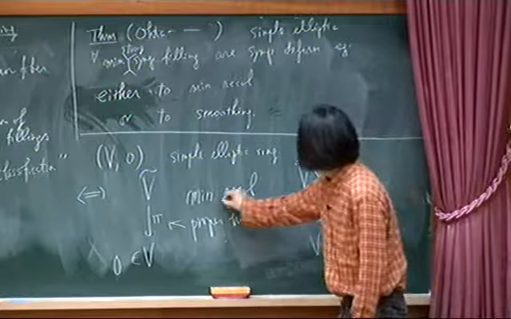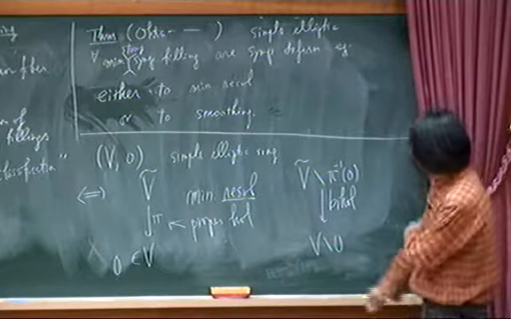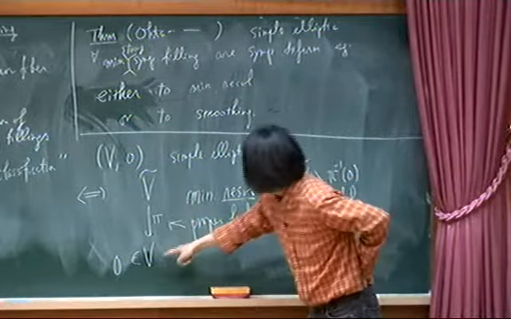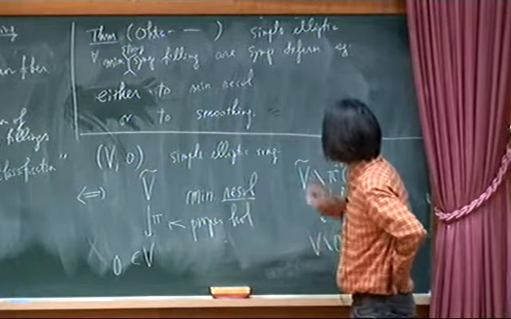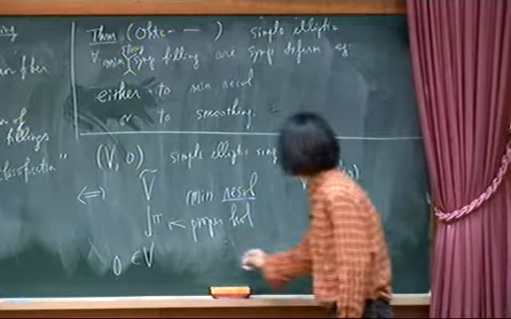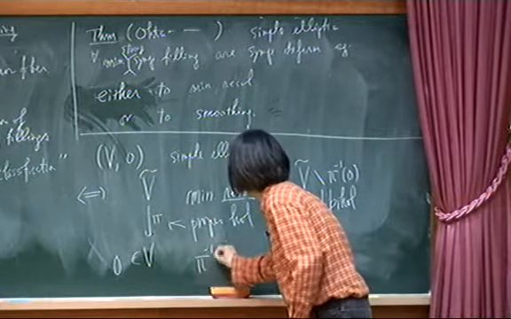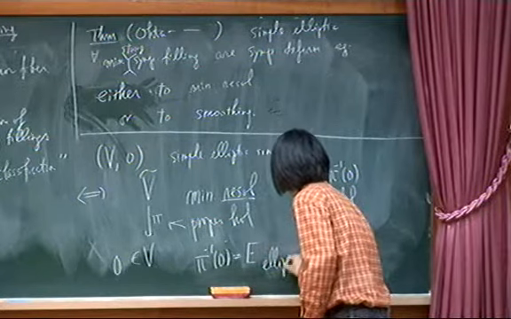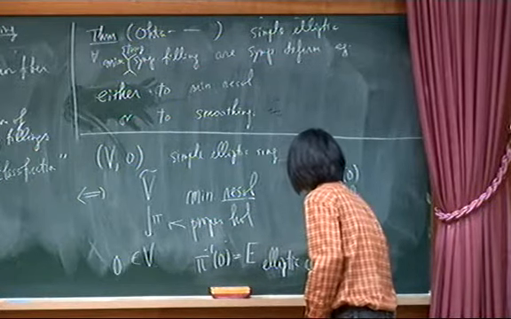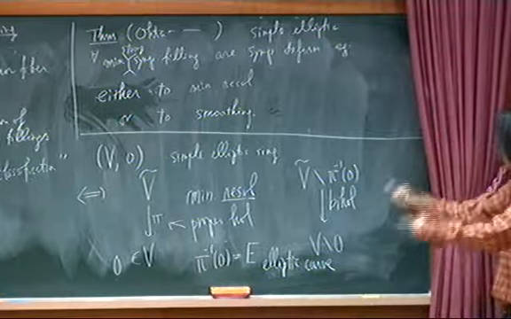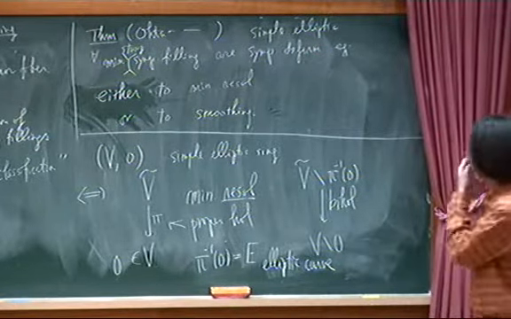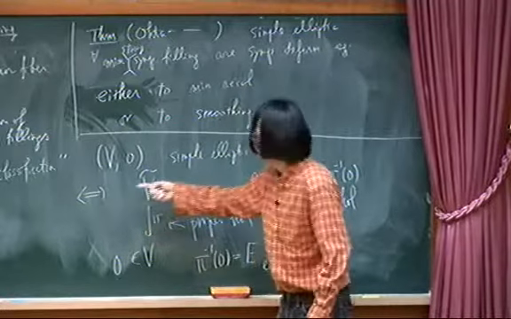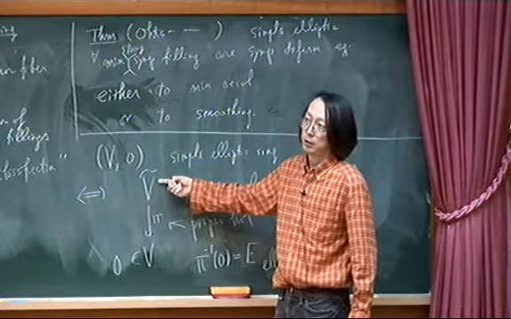And so this is the resolution. We call this a simple elliptic singularity if pi inverse of 0 is nothing but one elliptic curve, just topologically one torus. Then you have an embedded torus inside the surface.